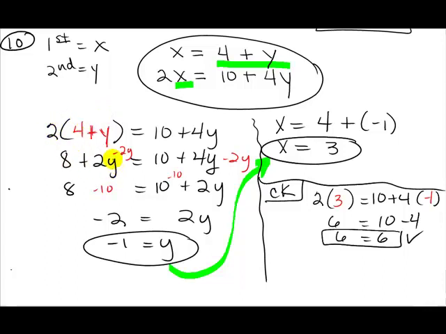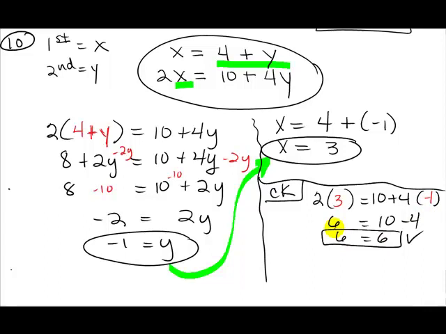Distribute, move the 2y, move the 10, divide by 2, y equals negative 1. I plug that into the equation that says x equals, because that gives me my x answer quickly. And then I check it in the other equation, replacing the x and the y, and these two numbers match, so we're good.